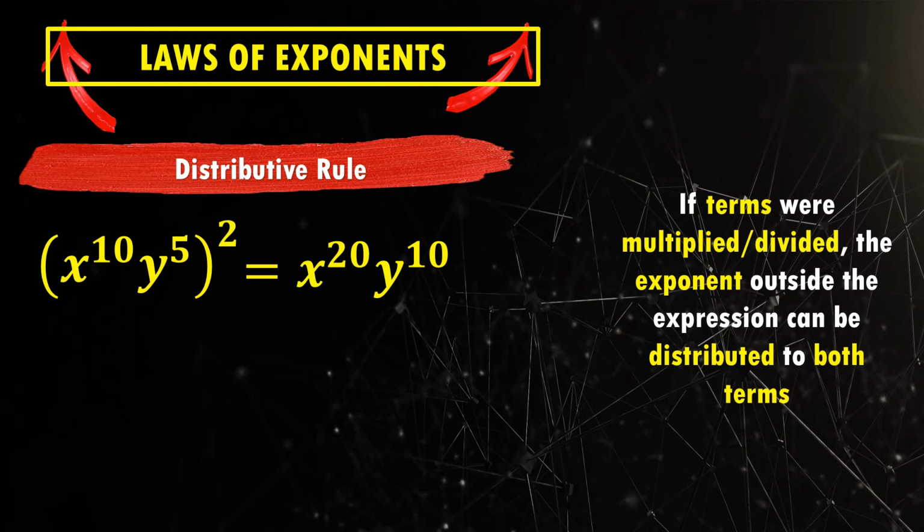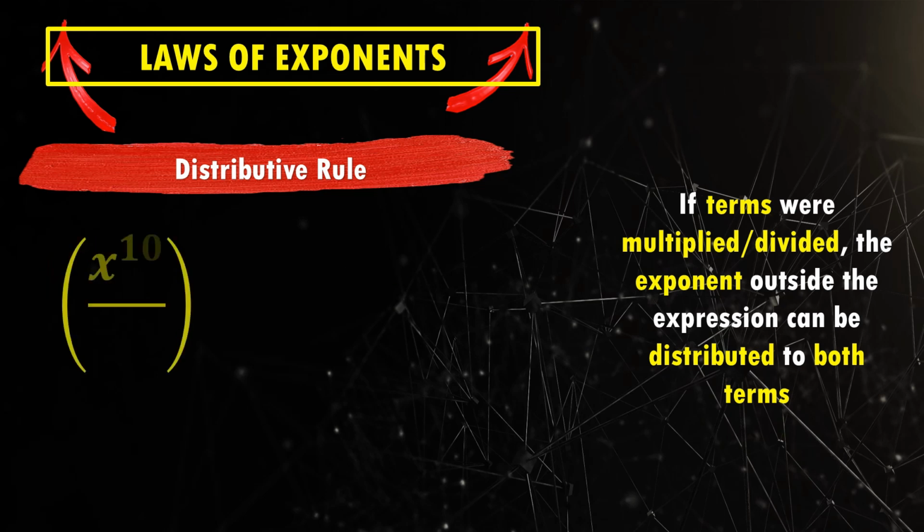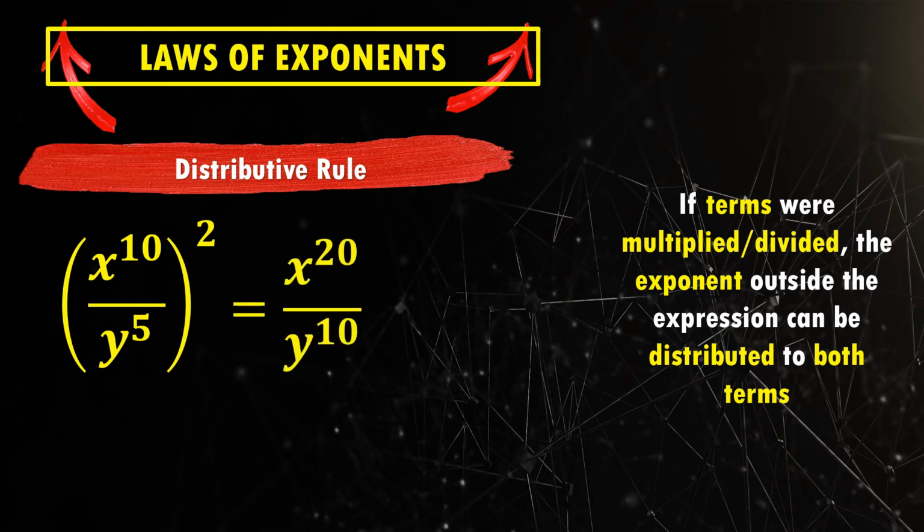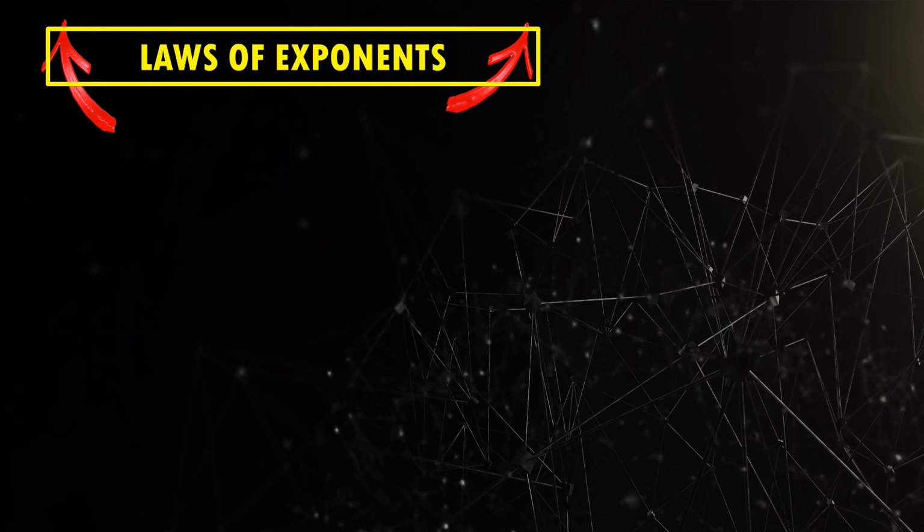So, i-multiply nyo lang yung power sa labas doon sa pinaka given, which is yung x raised to 10, y raised to 5, by using the distributive rule. Next, apply naman natin siya sa division. So we have the quantity x raised to 10 over y raised to 5, raised to the power of 2. So we have x raised to 20 over y raised to 10.